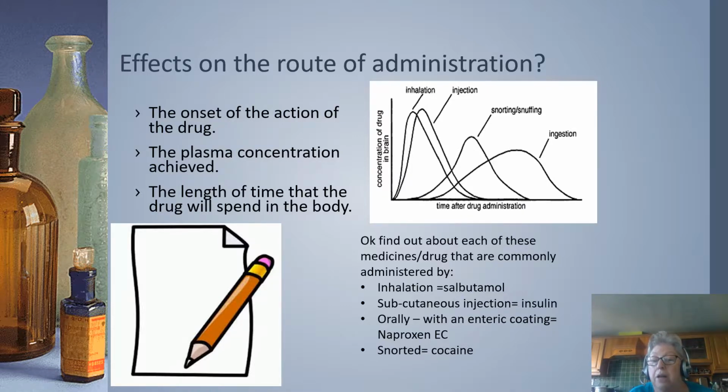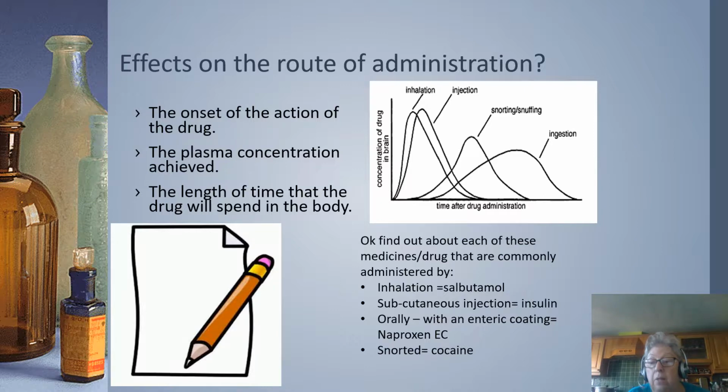So another activity, find out about each of these medicines, drugs that are commonly administered by inhalation, so salbutamol, going back to the previous slide where inhalation of medicines for asthma was mentioned; subcutaneous injection, insulin, again a very common medication, and you will likely have bumped into patients who are receiving insulin.